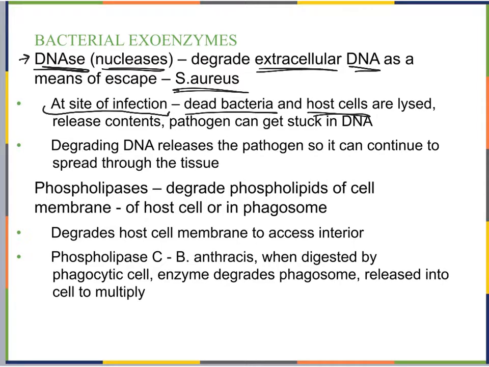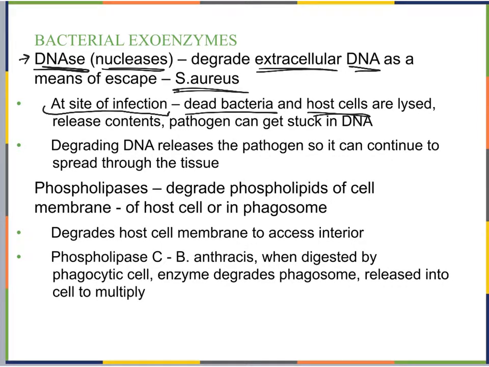And we're also going to have host cells that are lysed at the same time, because if there's a cut, then there's dead host cells as well. And so these dead bacteria and these dead host cells are going to be burst, and all of their contents are going to be falling out all over the place and into the fluid in the area.